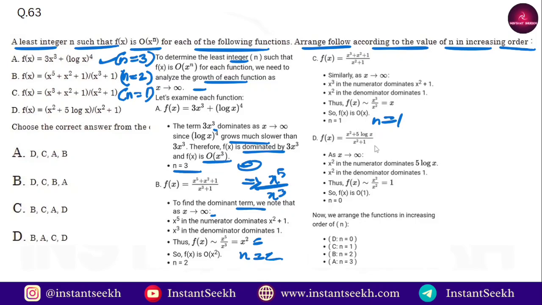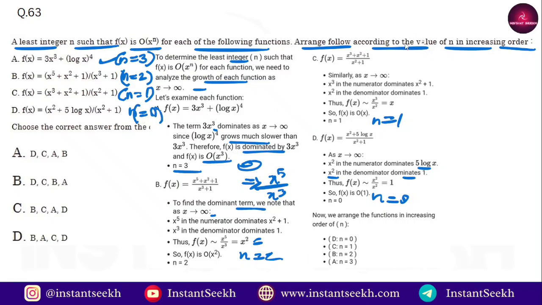Last option, x square plus 5 log x divided by x square plus 1. Here x square in the numerator dominates 5 log x, and x square in the denominator dominates 1. So x square by x square gives us 1. So the n value here becomes 0.